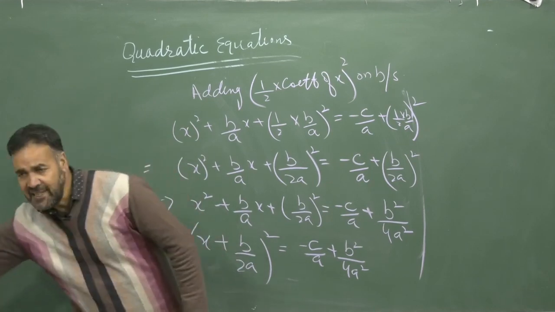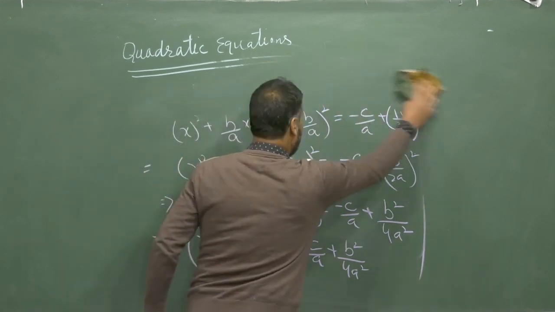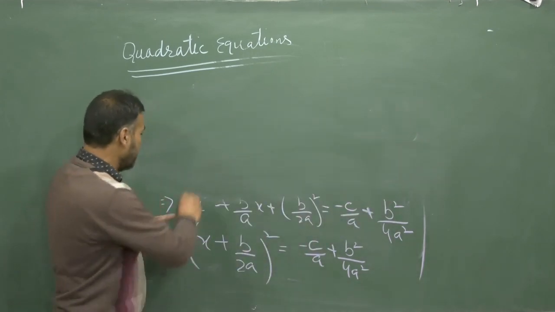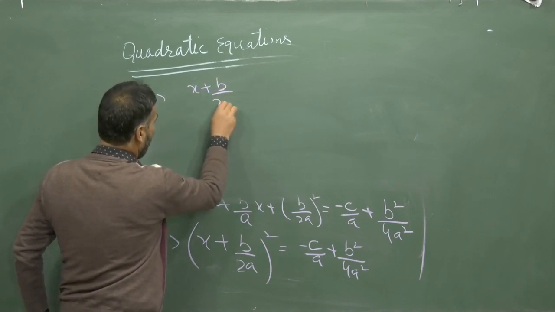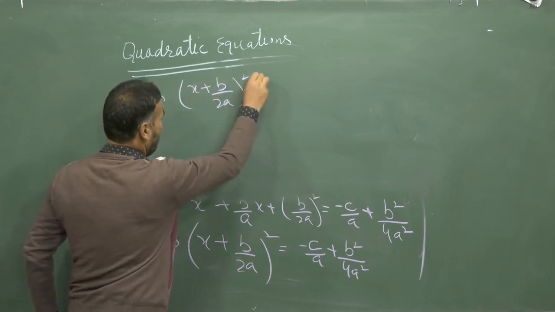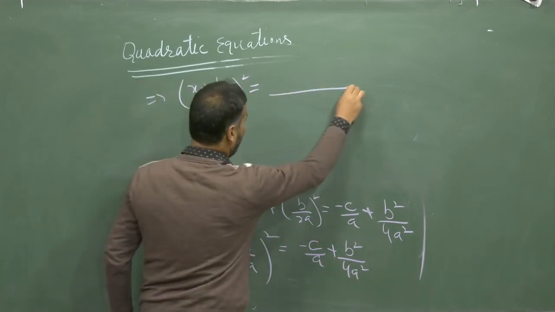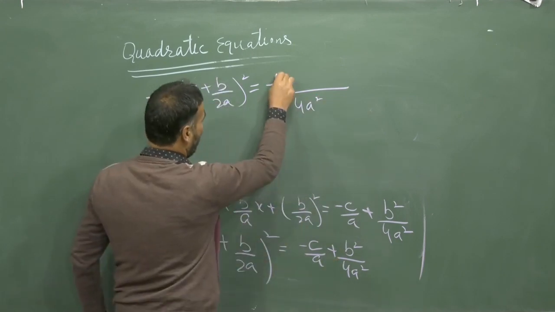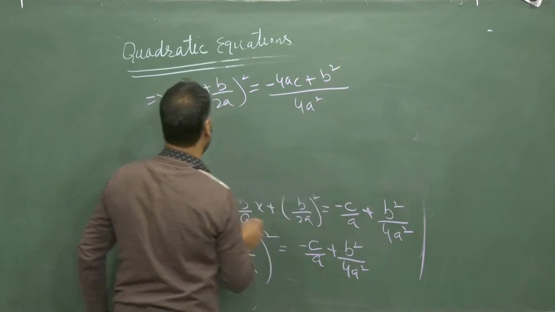Now we can say it is (x + b/2a) whole square. When it is (x + b/2a) whole square equal to, you can take 4a² as the LCM factor. So it will be -4ac + b².